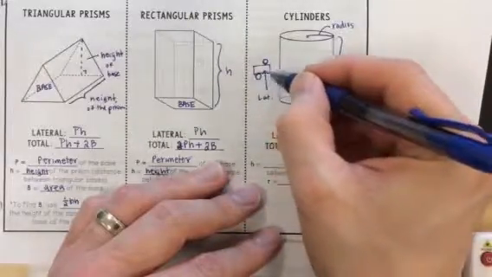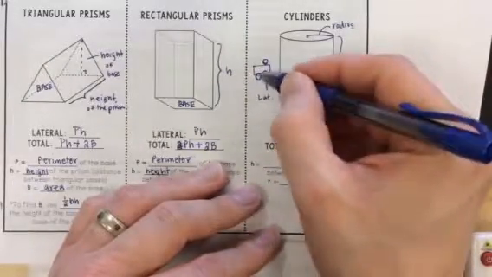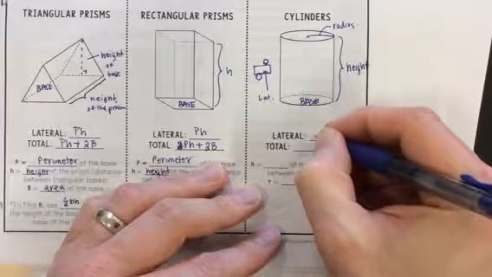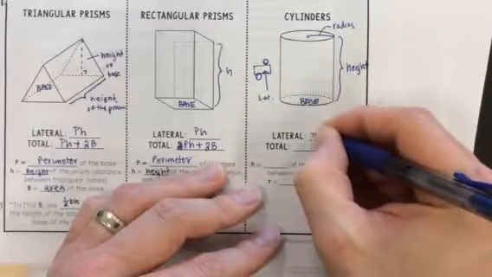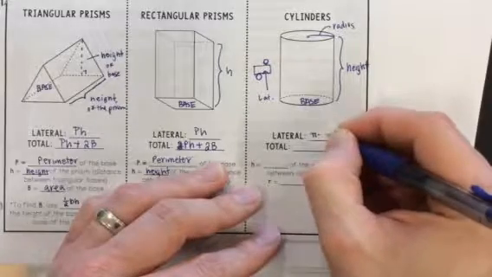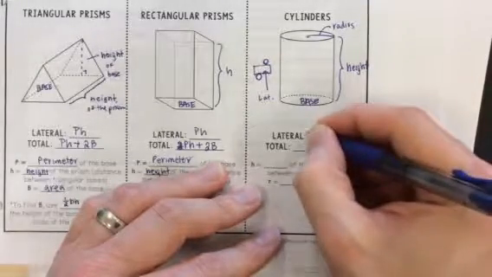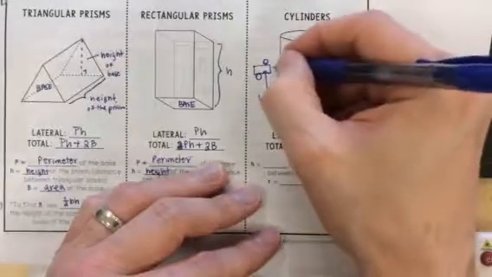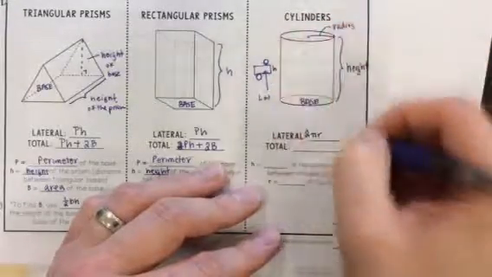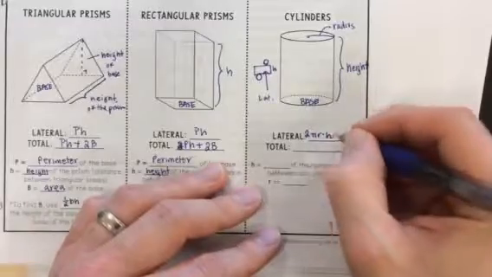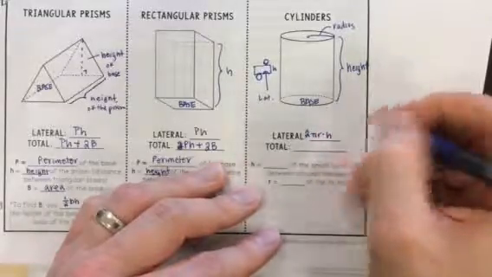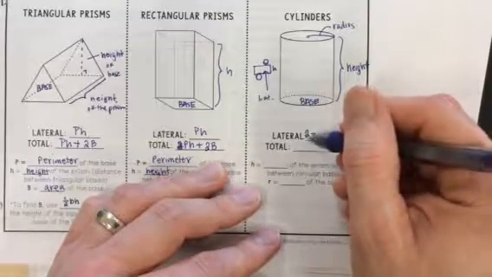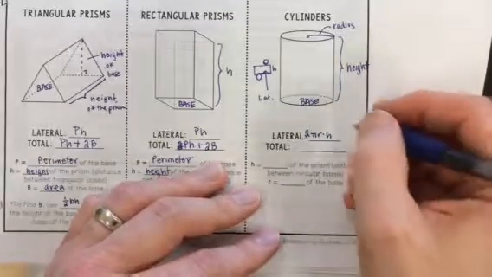And so the length of that rectangle is the circumference of the circle. So it's pi times diameter, or another way to think about that is 2 times pi times radius. And then you need to multiply that by the height, so times h. So it's really just length times width of that rectangle, but in reality it's the circumference, which is 2 pi r, times the height.